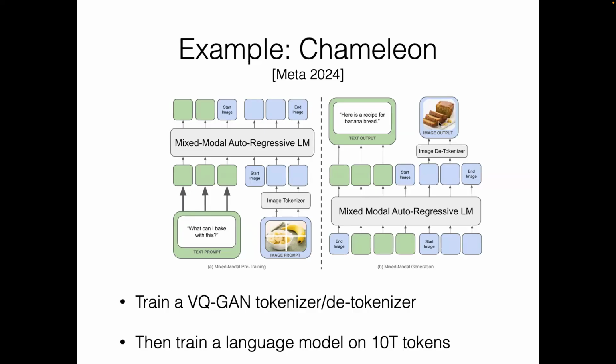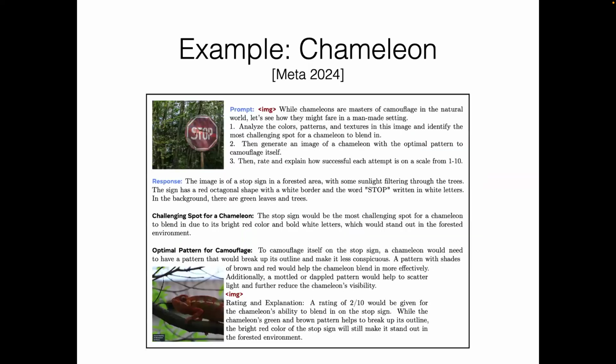The idea here is that we've potentially achieved using a language model to produce both text and images. Here's an example where it's interleaved: in the response, it generates some text, then an image, and then it explains and generates some more text.